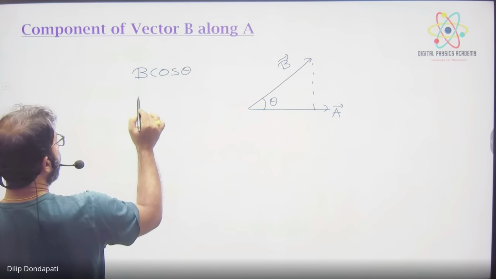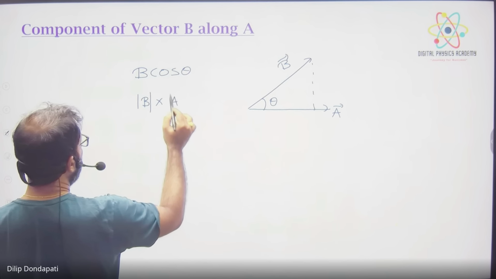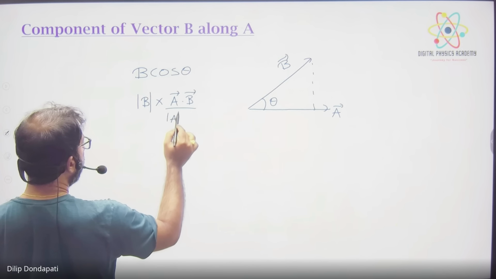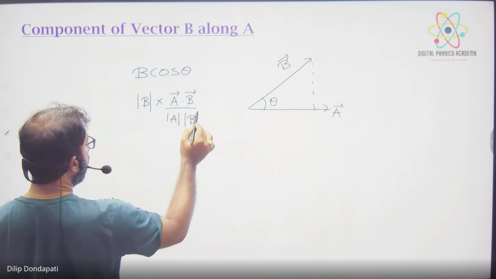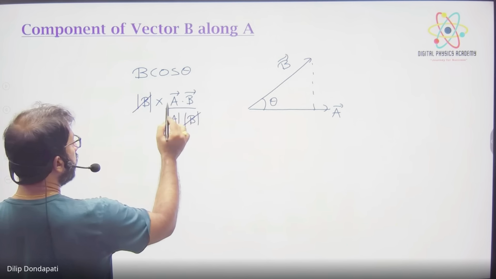This is the magnitude of B only, right? What is the cos theta formula? A dot B by mod A mod B. Mod B cancels. So you know A dot B is equal to B dot A only.